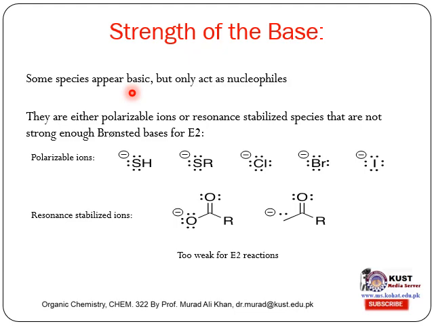Some species may appear basic, but they will only act as nucleophile. The reason is that they are either polarizable ions or resonance stabilized species that are not strong enough Bronsted bases for the elimination reaction. Like these species, these are quite polarizable. These ions are polarizable, chloride, and these are resonance stable.